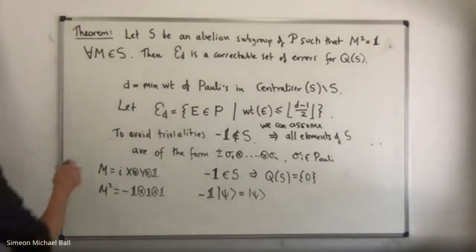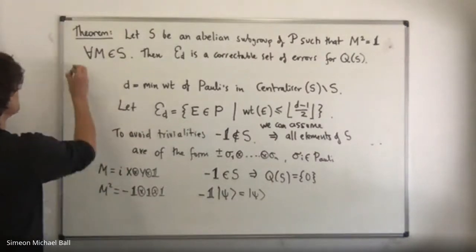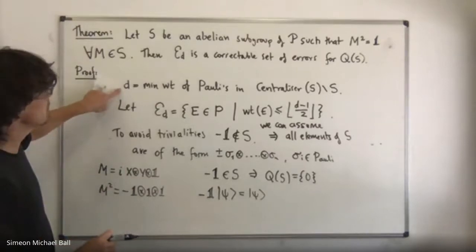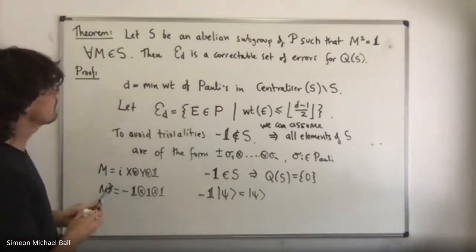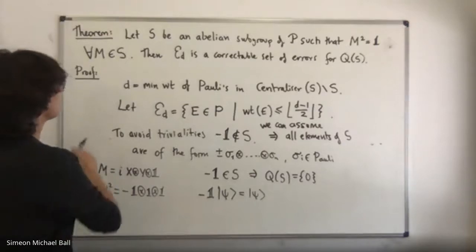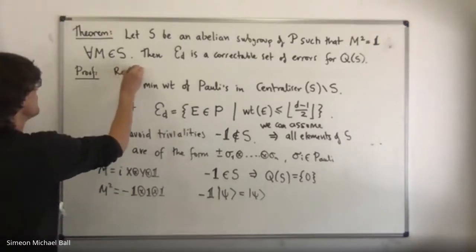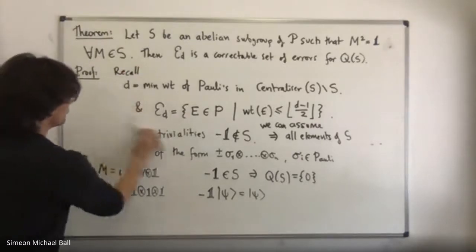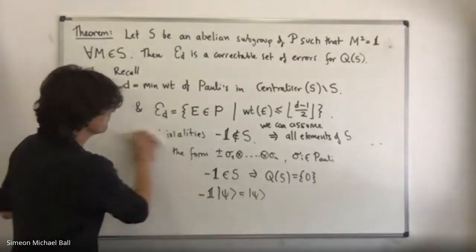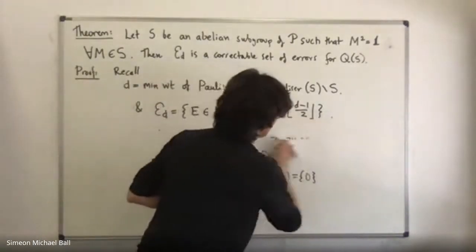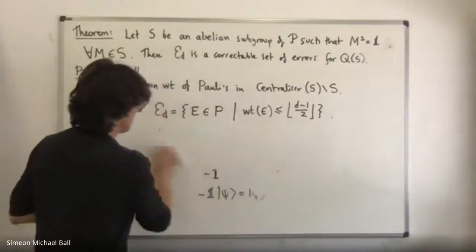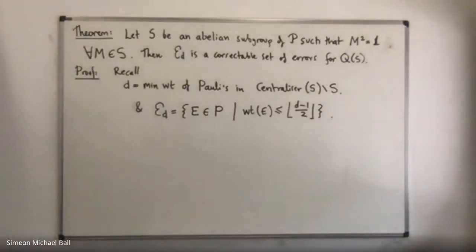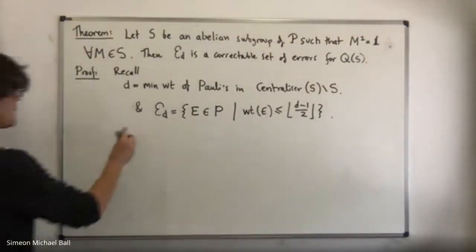And the first bit of the proof I already just explained, so it's already here. So recall this D is the minimum weight of the Pauli centralizer. Let's leave that there because we'll need that for this and this. So let's take two errors in here.